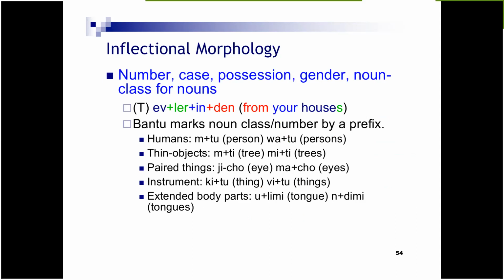In Kinyarwanda and other Bantu languages, you have something called noun classes, which are a way of classifying things. For example, in Kinyarwanda, you have umuntu, and then abantu, or in Swahili, mtu, and then watu.